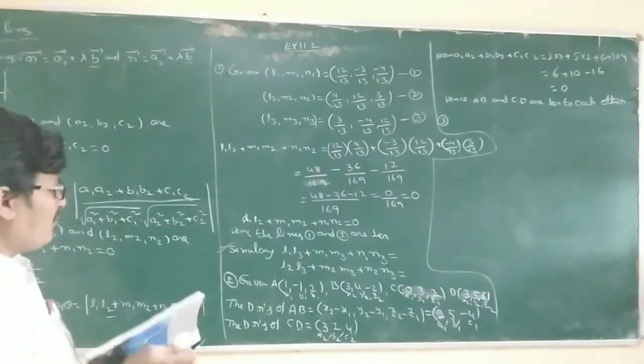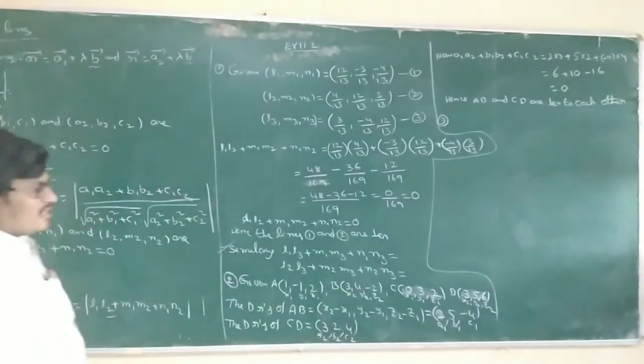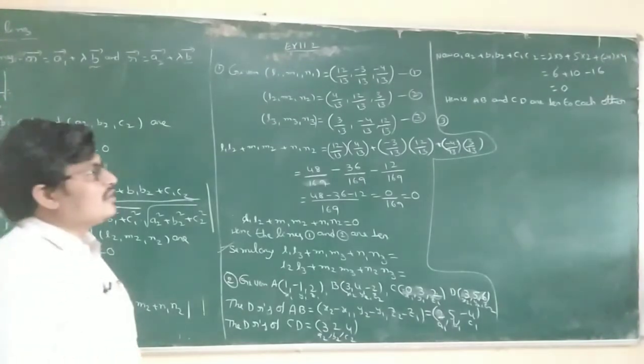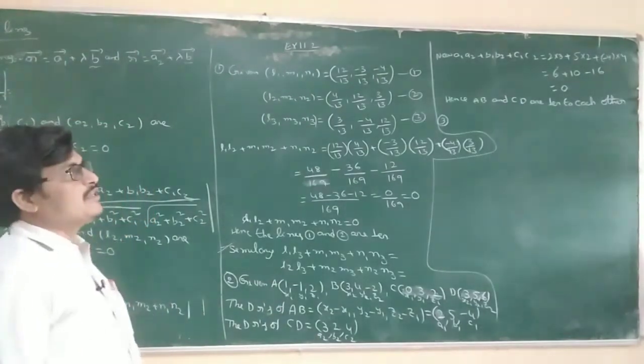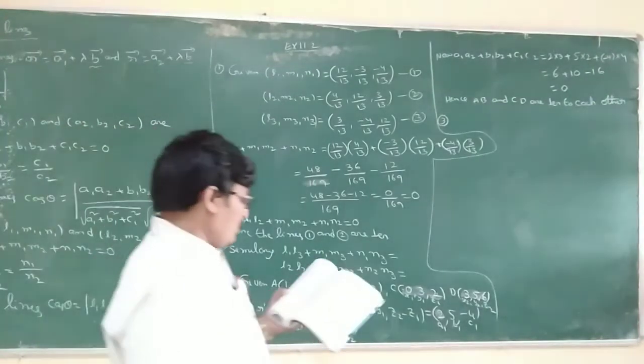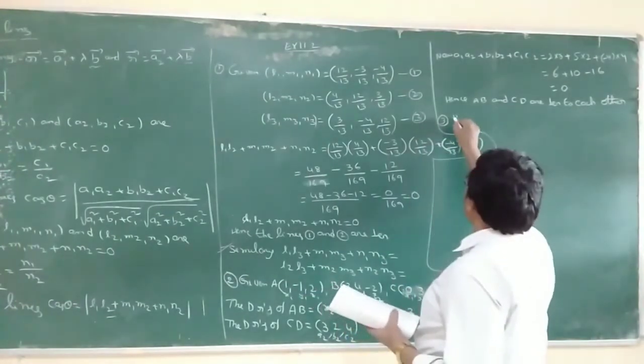As before, the first two points are AB and the second two points are CD: find the direction ratios of AB and CD, giving A1 B1 C1 and A2 B2 C2. Here the condition changes: perpendicular means A1 A2 plus B1 B2 plus C1 C2 is equal to 0, while parallel means A1 by A2 is equal to B1 by B2 is equal to C1 by C2. The third question is homework.